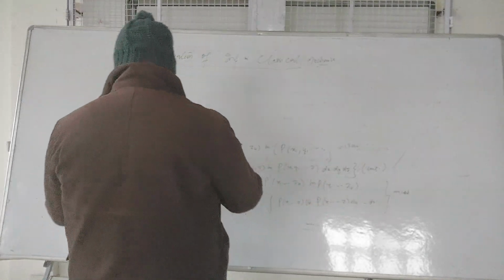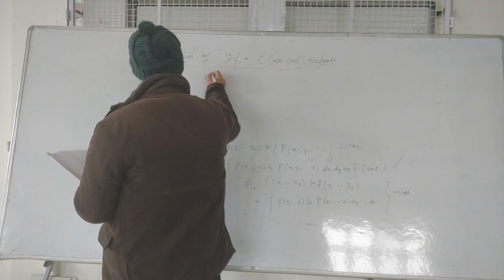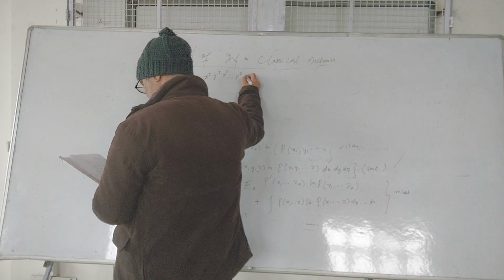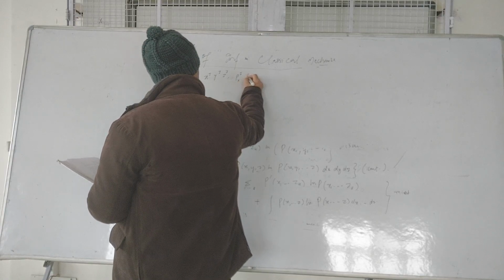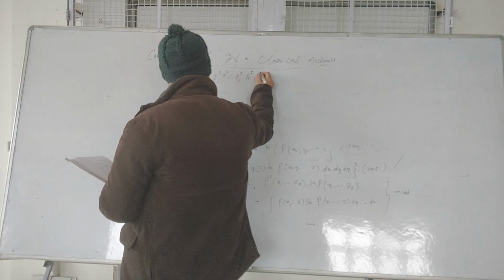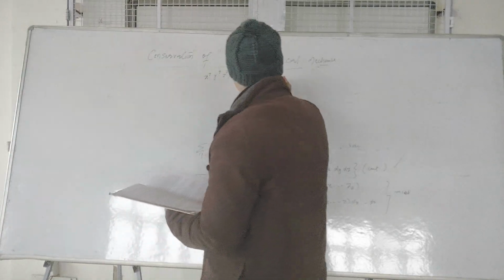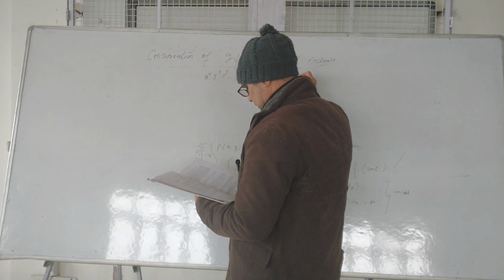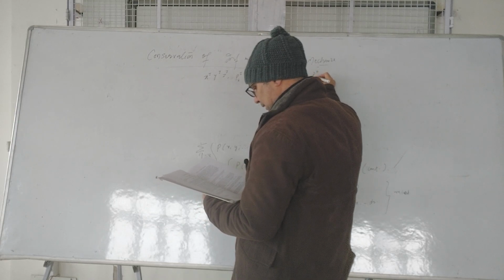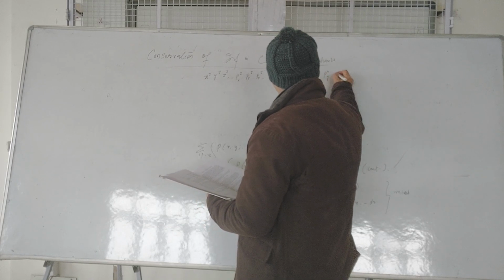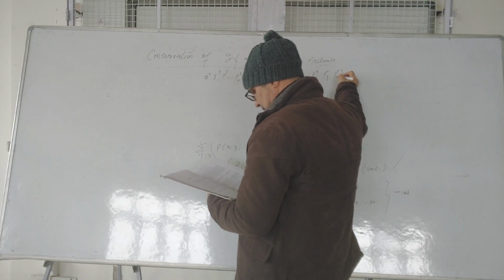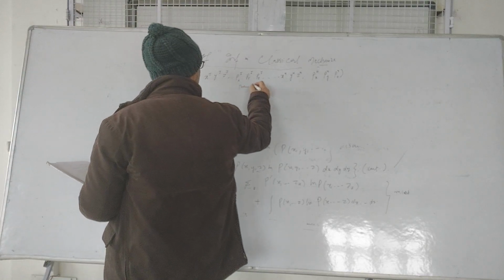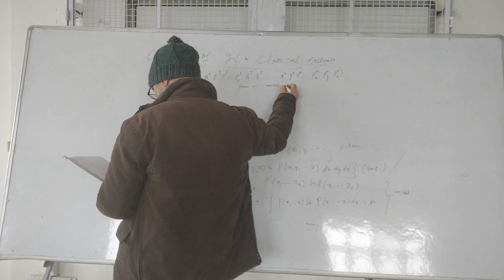So if we have, for example, x_i, y_i, z_i, p_xi, p_yi, p_zi, up to x_n, y_n, z_n, this is p_nx, p_ny, p_nz. So this is phase space for all position as well as momentum coordinates.